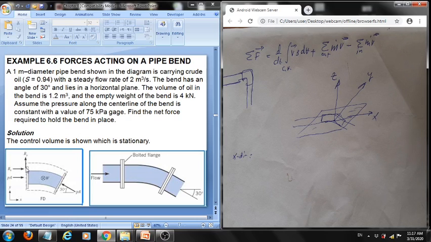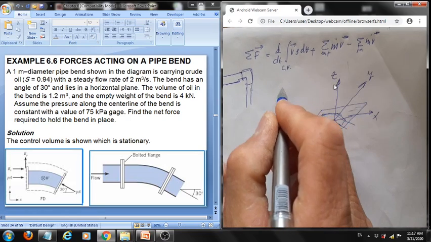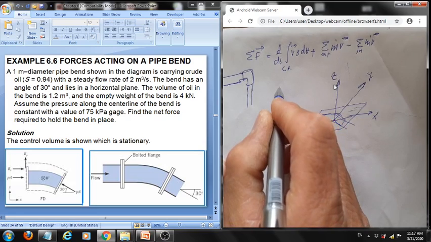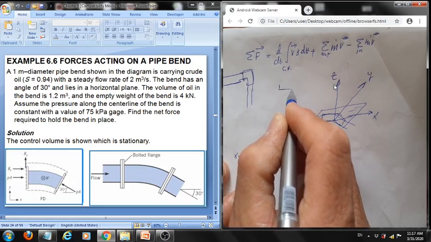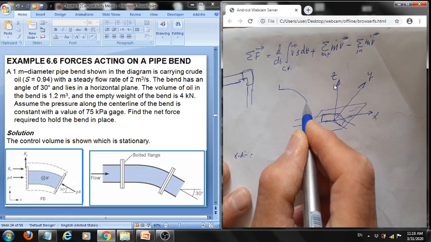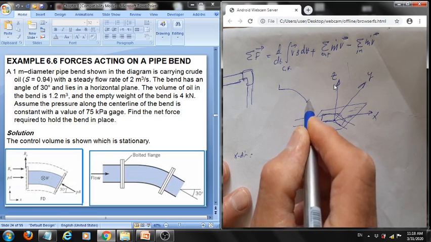Okay, in addition to these pressure forces we have the force that we are trying to find, which is necessary to hold the bend in the x direction stationary. Okay, also we have another force in the y direction, and of course we have another force in the z direction, another component. Okay, so once again, to illustrate, we have the bend, which makes an angle of 30 degrees بهالشكل هذا.